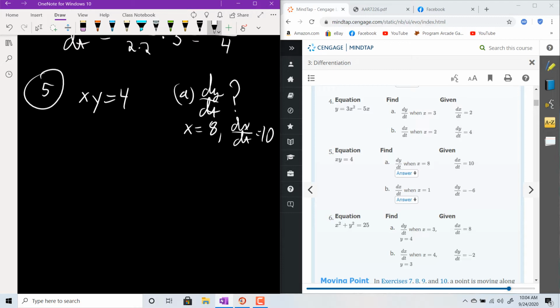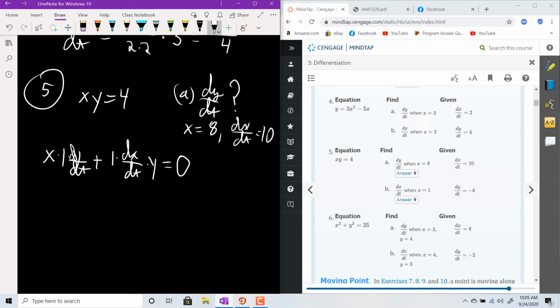You're going to have to do a product rule, right? So leave x alone, and then the derivative of y is 1 times y prime, or dy over dt now. I'll write it that way. Plus the derivative of x is 1 times dx over dt, times y, leave y alone. And on the right-hand side, the derivative of 4 is 0.